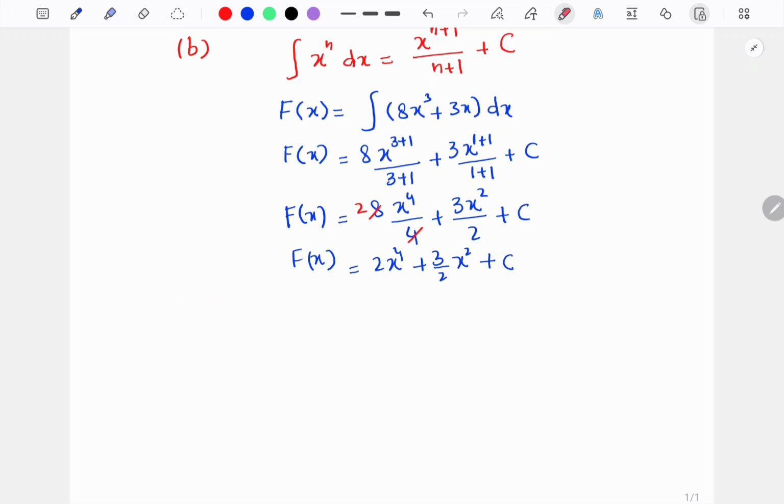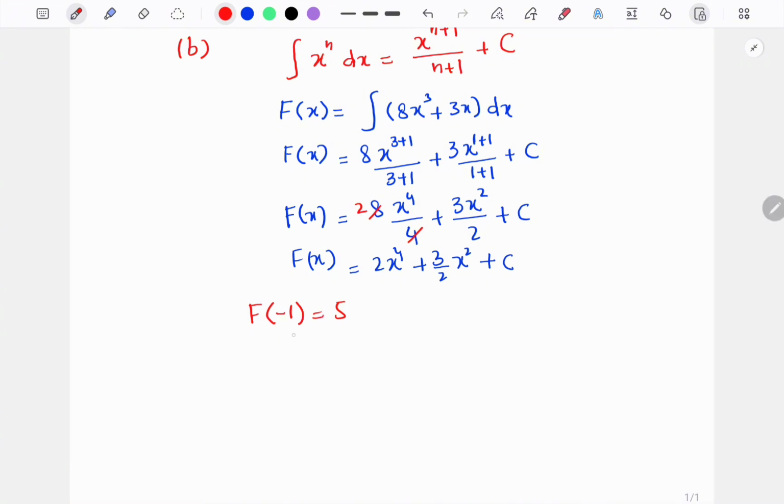It means x at this point is -1 and y is 5. It means that F of -1 is equal to 5, because the problem states that the graph passes through the point -1, 5.